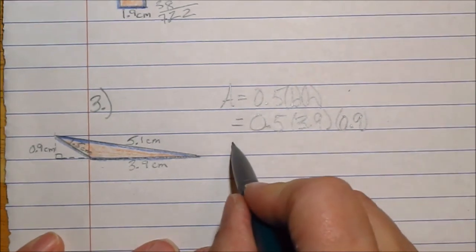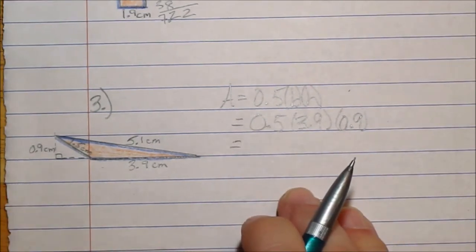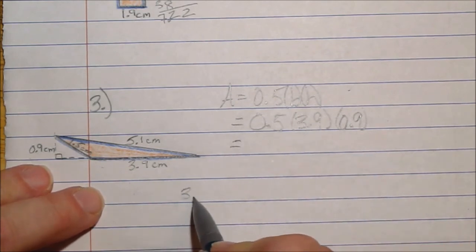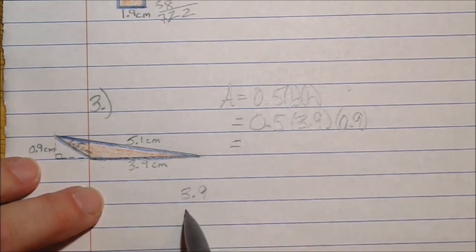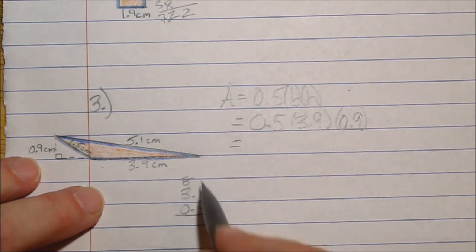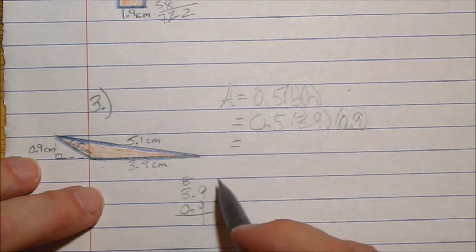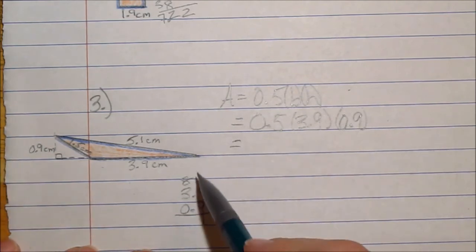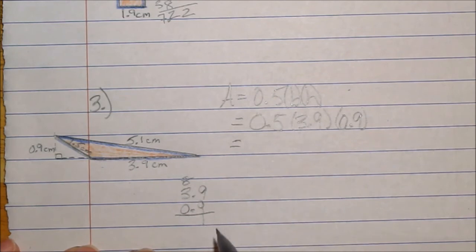All right, so I've got to do a little bit of scratch work to figure out this math here. So 3.9 times 0.9, 81, 27, 7. Was that right? Okay, let's see, is that an 8? Oh yeah, okay. So 35.